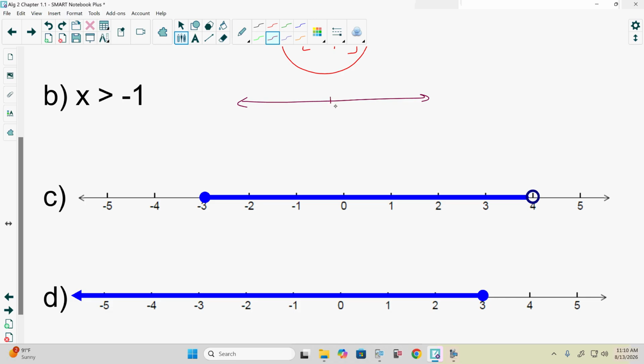Now, when you graph number lines for me, I do not need 0. I do not need scale. Here, the only number that we have on this number line is -1, yes? That's all I need. I don't need to know where it's related to 0, because the main information we need is -1 and which direction it's going.